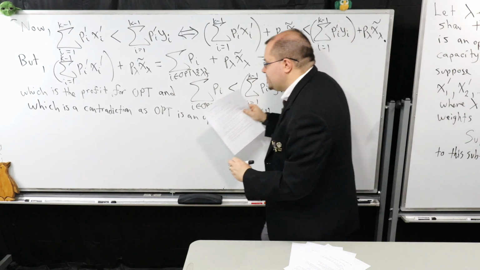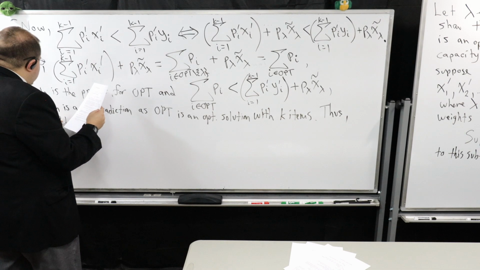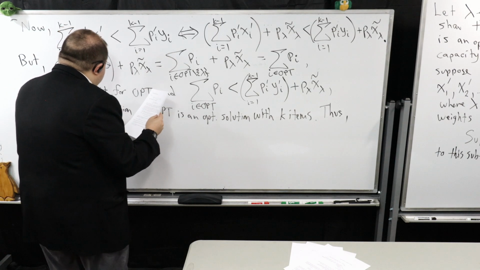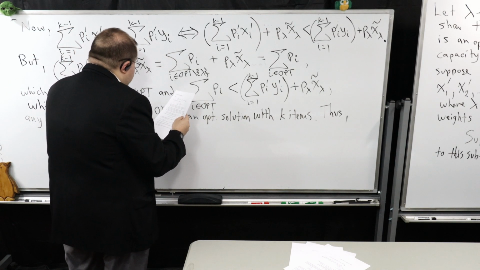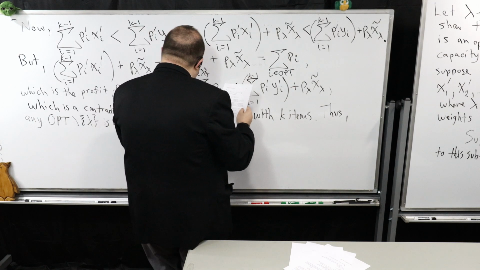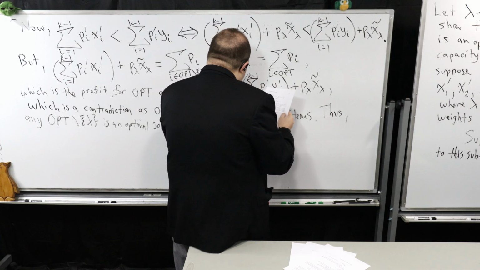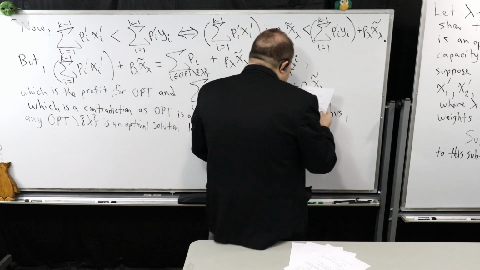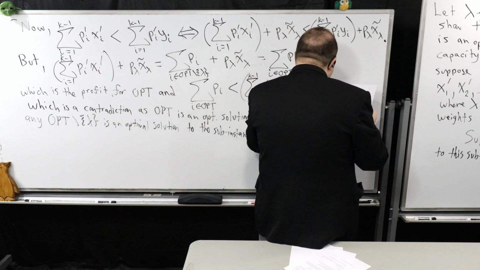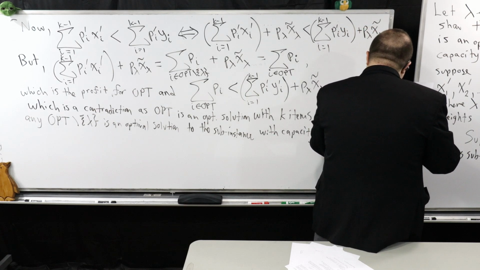Thus, any opt without lambda is an optimal solution to the subinstance with capacity W prime is equal to W minus W lambda.